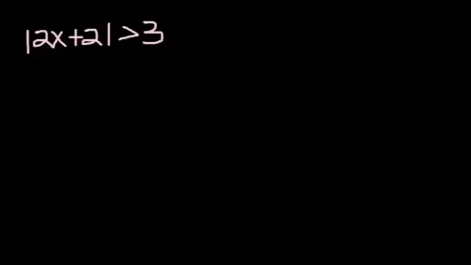And then you have to look at the inequality sign itself. It's greater than. Greater thans need to be rewritten as compound inequalities with or. And here's how you do it. You rewrite the inequality exactly as it appears without an absolute value sign for one side.